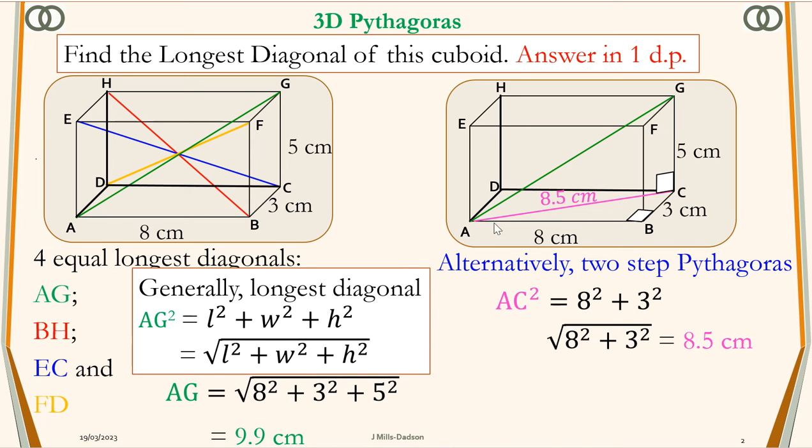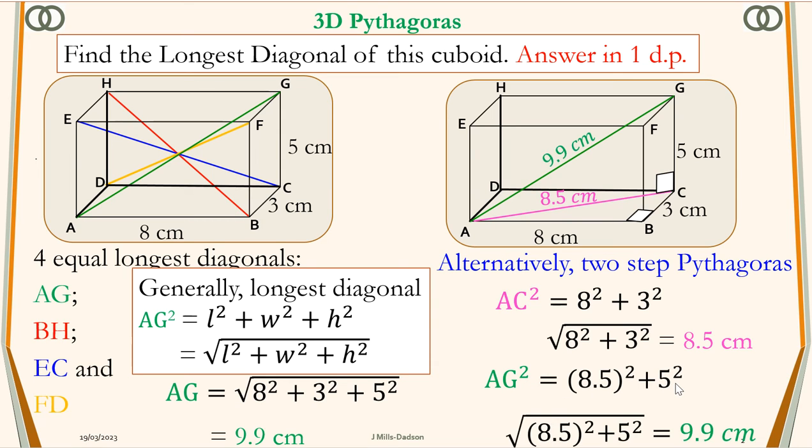Now once we know what AC is, we can use line AC and line CG to work out AG, because AG now becomes the hypotenuse of triangle ACG. So using 8.5 and 5 to work out the hypotenuse AG, we have AG squared equals 8.5 squared plus 5 squared.